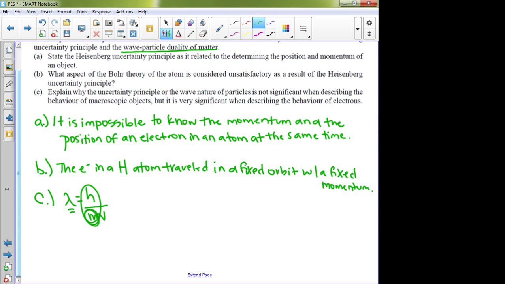So that means, can I see how my wavelength is affected? No, I can't at all. Whereas if my mass is very, very small, what happens to this number? It's large enough to see how my wavelength is affected, right? So that's why with microscopic objects you can see it, and with macroscopics you can't.